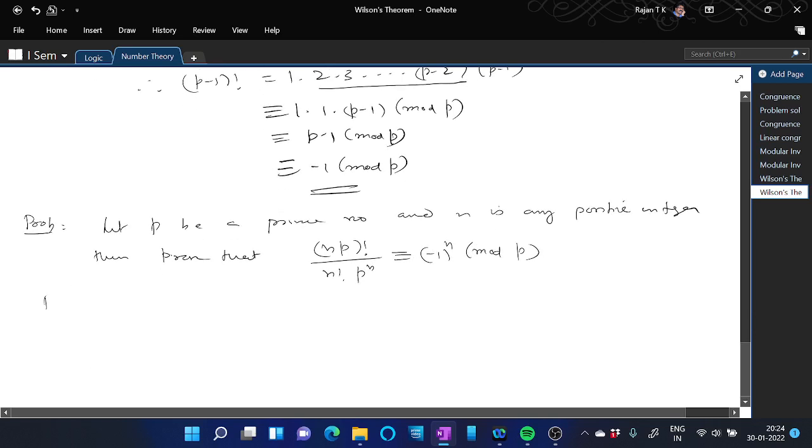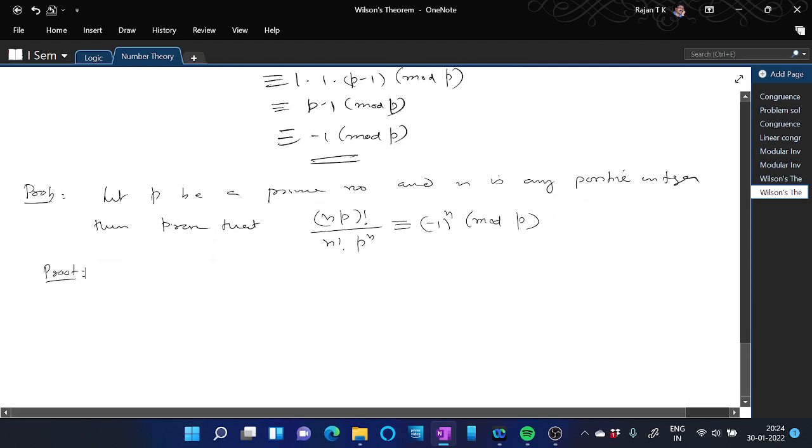So the proof of this wonderful result uses Wilson's theorem. By using Wilson's theorem we get a certain result like this.